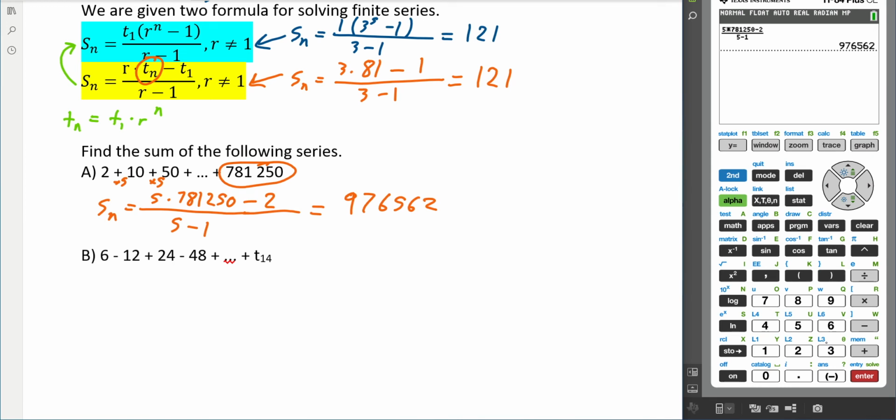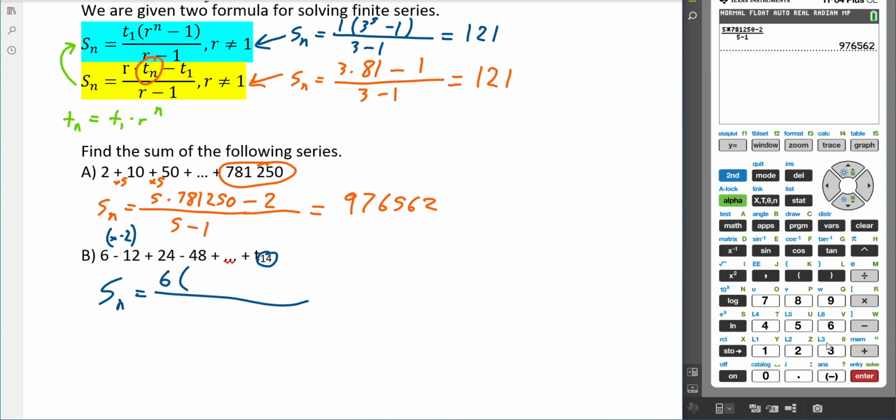Okay, and for our next equation, we do not have that last number, but we do know how big the n is. We have the n down here, so we can use the blue equation. So Sn equals T1, which is 6, and every time we multiply by a -2. I hope you notice that.